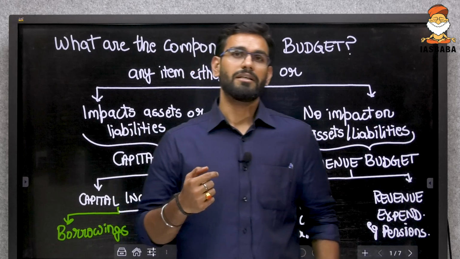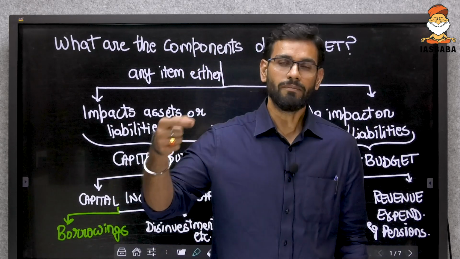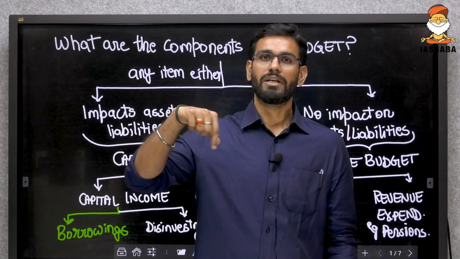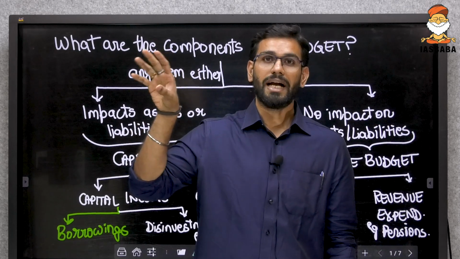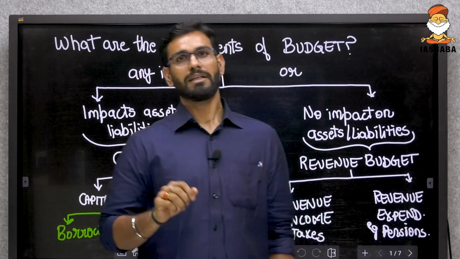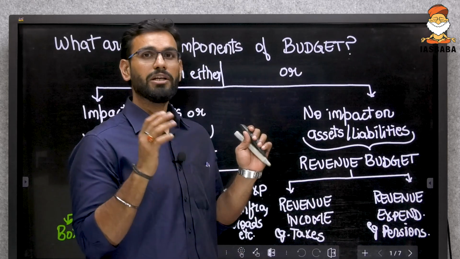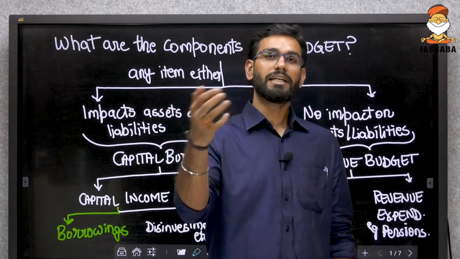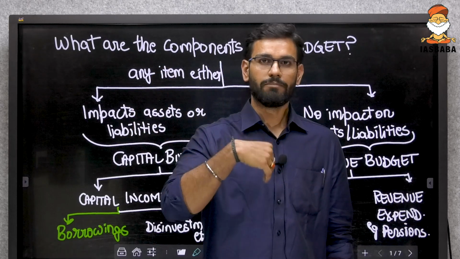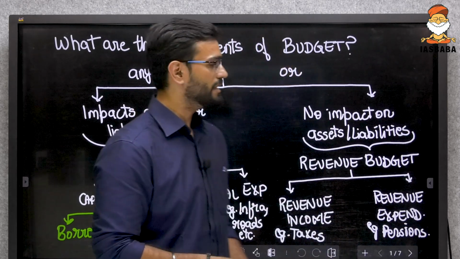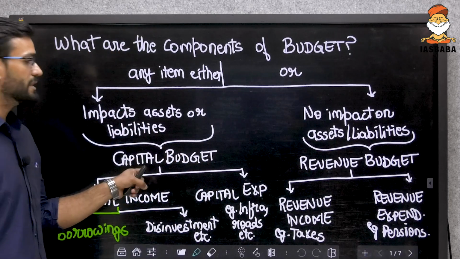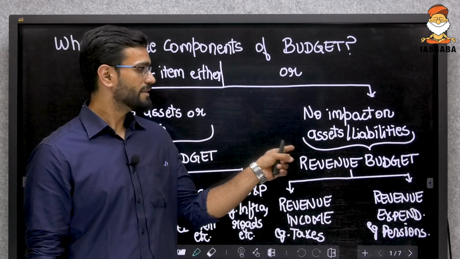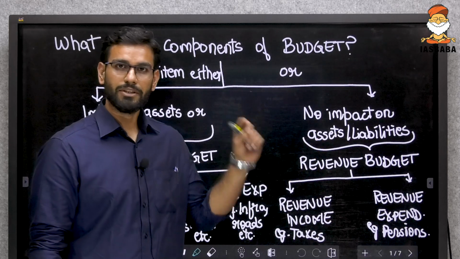At the same time, if you are getting rental income from a house that you own, that is because of your house, so that will eventually become part of your capital budget. Or if you sell your house, the money that you get from that asset will be part of your capital budget. So anything that impacts assets or liabilities is capital budget. Anything that does not impact assets or liabilities is the revenue budget.